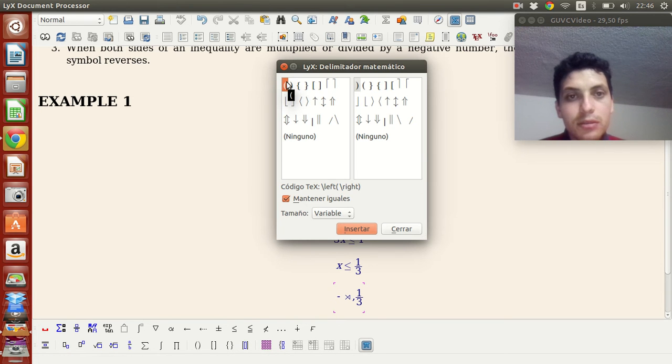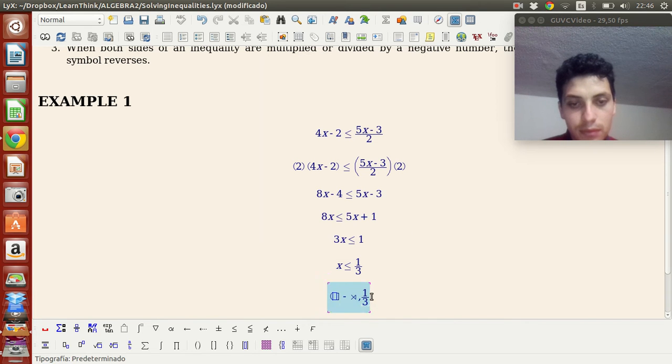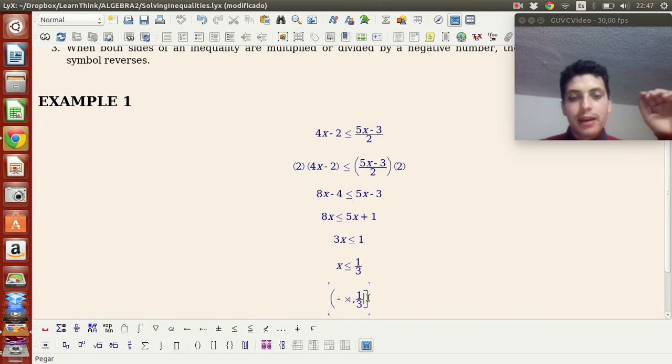We have from minus infinity because x is less than or equal to 1/3, and the square bracket means that it is closed, equal to.